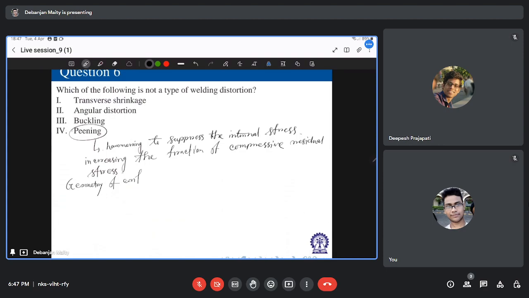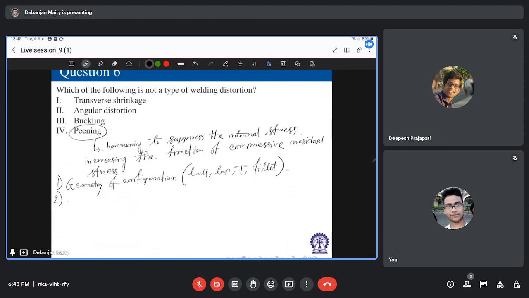What I mean by geometry of configuration is there can be your butt, lap, T joint, or fillet joint. So different joint configurations can have different distortion, right? Because each affects your mass distribution or moment of inertia of your weld structure, correct? What else?